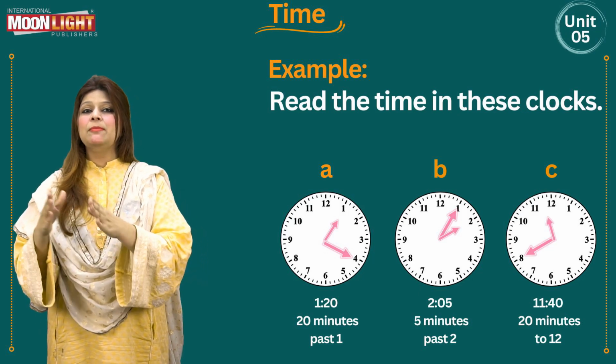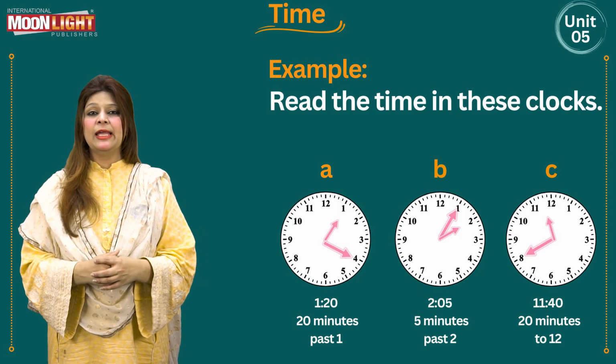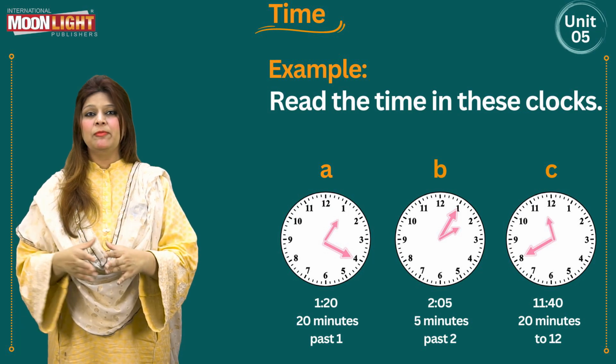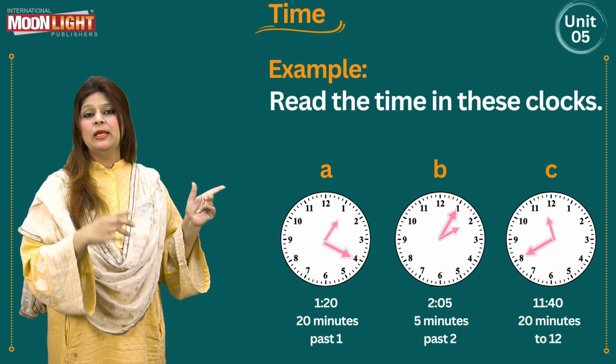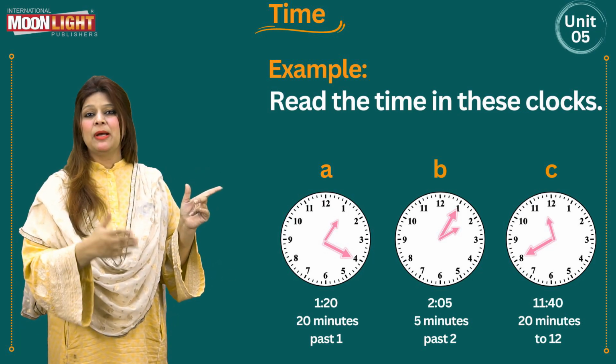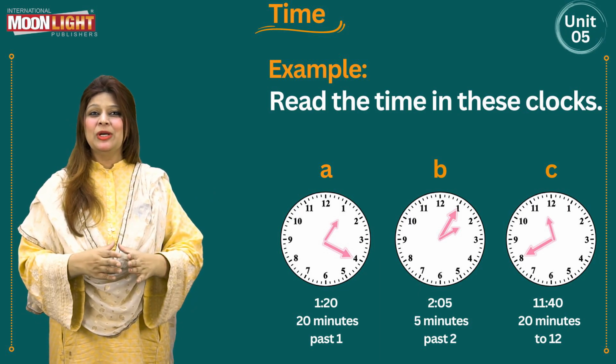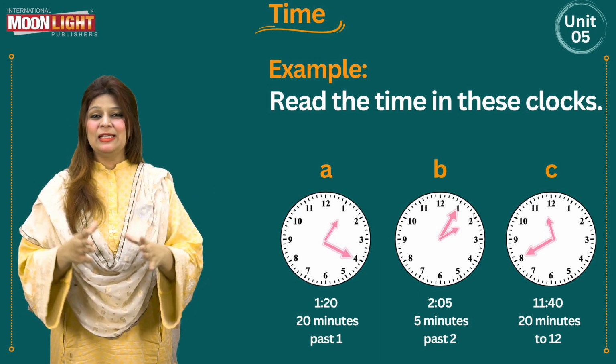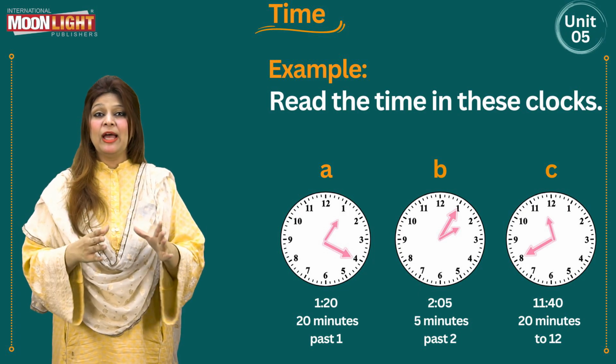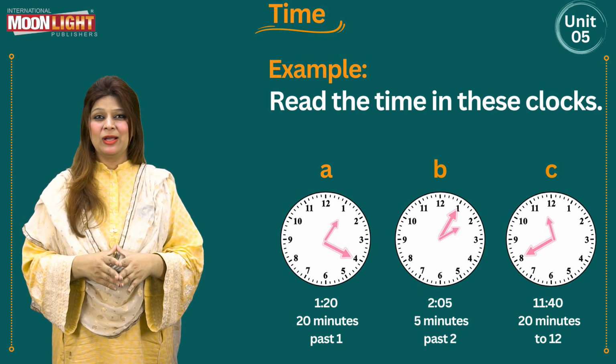Now this is 20 minutes to 12. We read it as 20 minutes to 12 because 20 minutes are left to get from the time 11 to 12 o'clock, right?